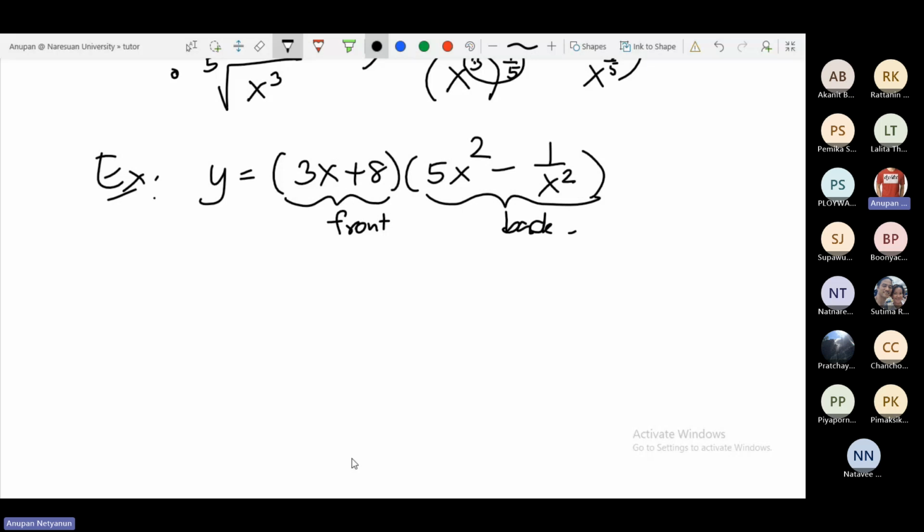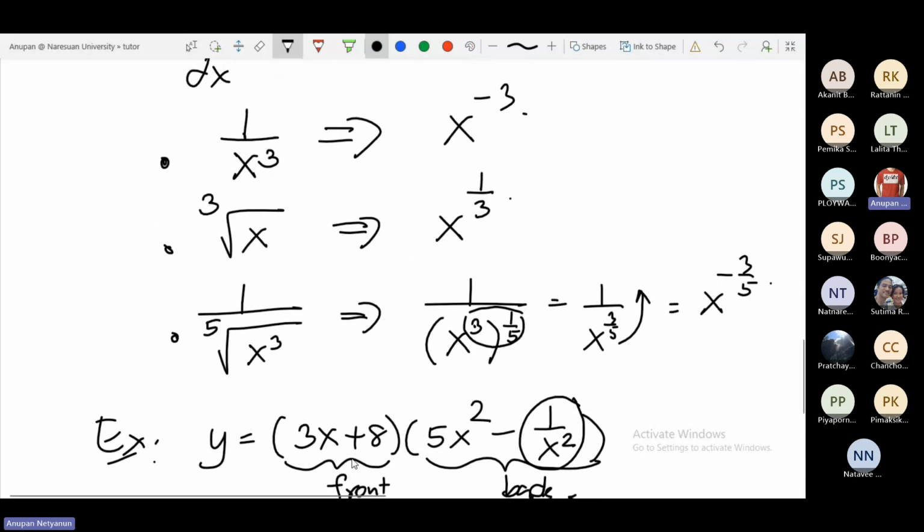So to use the formula, you have front times derivative of back plus back times derivative of the front. You can see that somehow you need to take derivative of the back function, okay? And take derivative of this, you have subtract in the middle, derivative can get inside for each term. And somehow you need to take derivative of this guy, right?